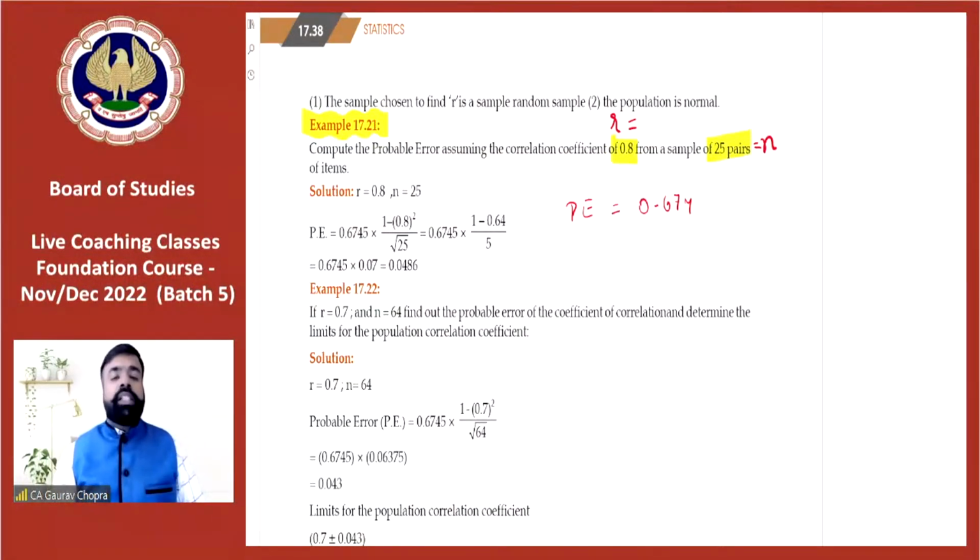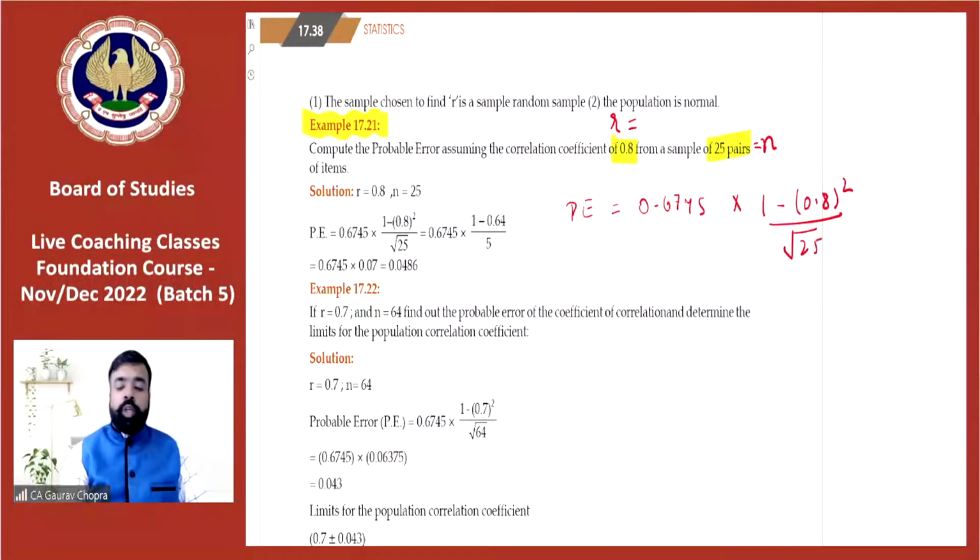At some places you can use 3, somewhere 4 can also be there. So no worries, no major impact will be there. You can take 3 figures or even 4 figures. Multiply by 1 minus r square divided by root of n. Now just do the multiplication and get the result.